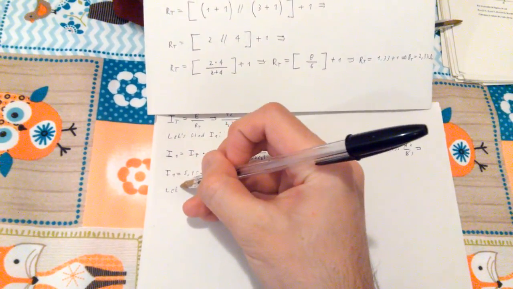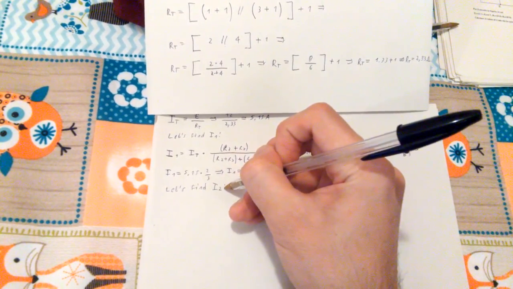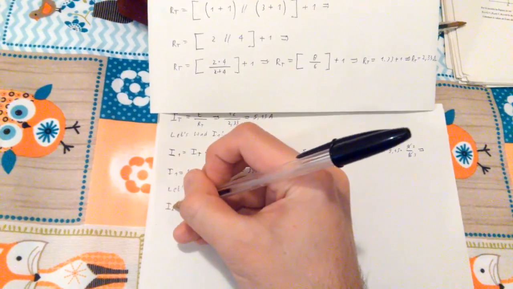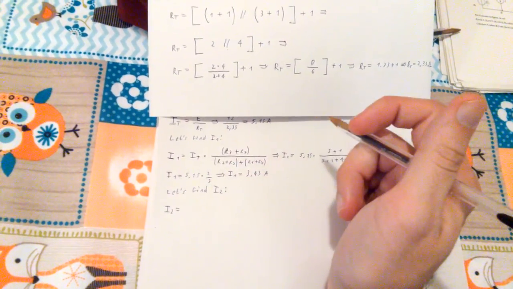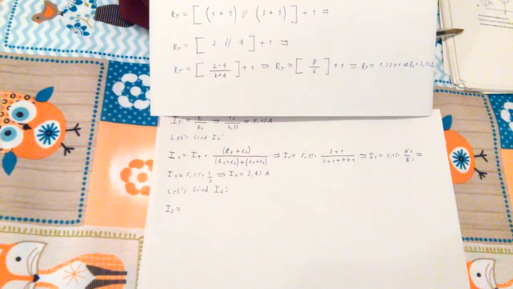Now let's find I2. So I2 is going to be different, and those two added together are going to give us back I of t.